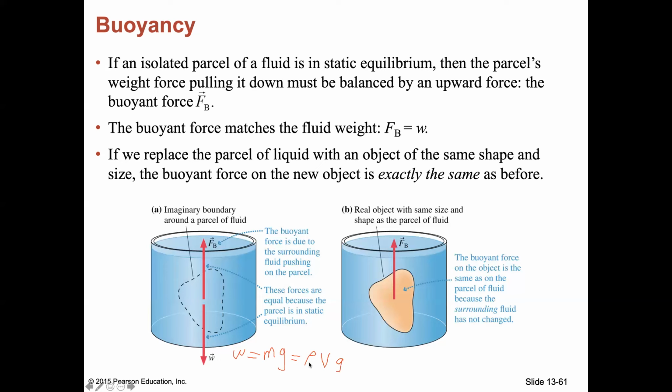Rho is the density of the fluid, and V is, more accurately, the volume of the displaced fluid. And then you can calculate the weight, and the weight equals F_b, which is the buoyant force. This is what we derived here. And this equation is exactly Archimedes' principle equation.